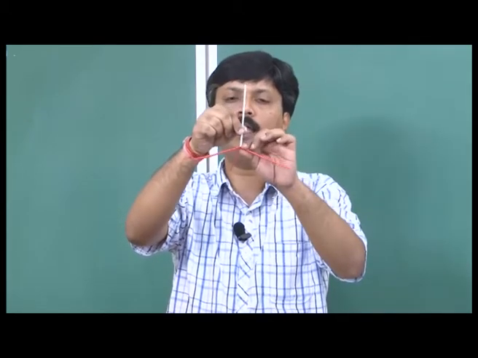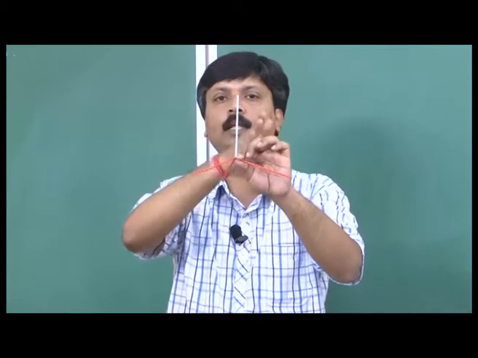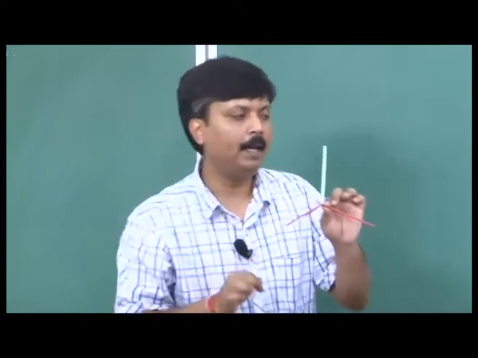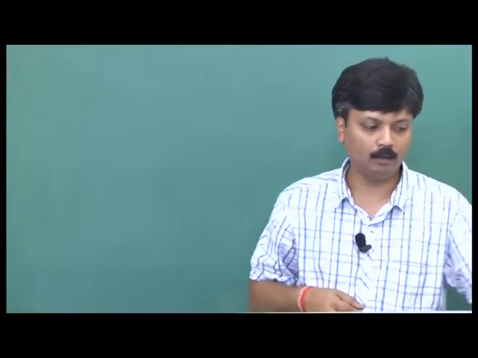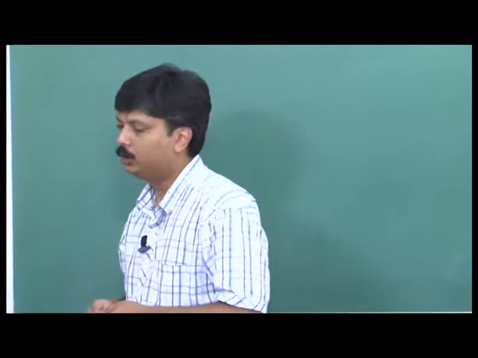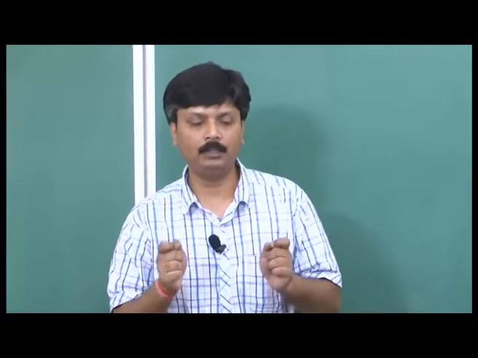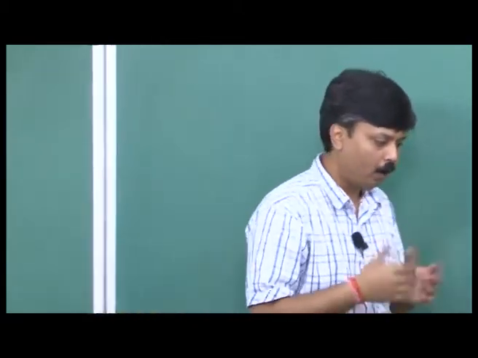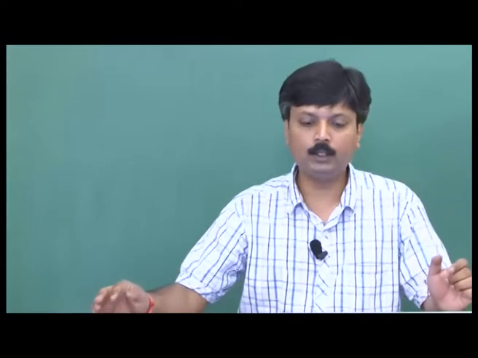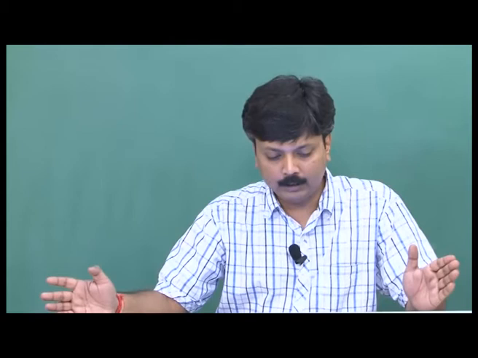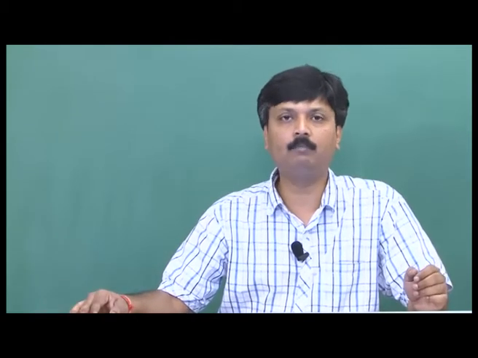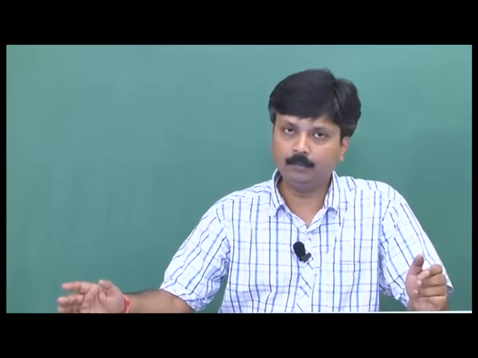So I can have three planes of symmetry, and a plane of symmetry is denoted as sigma. Sigma is the symbol of the plane of symmetry. Now very often you will come across different types of sigmas, for example sigma h, sigma v and sigma d.